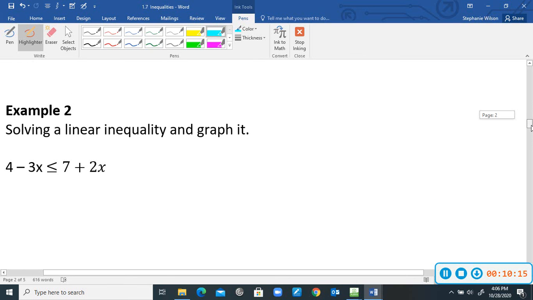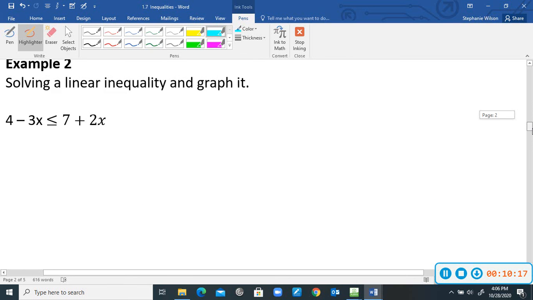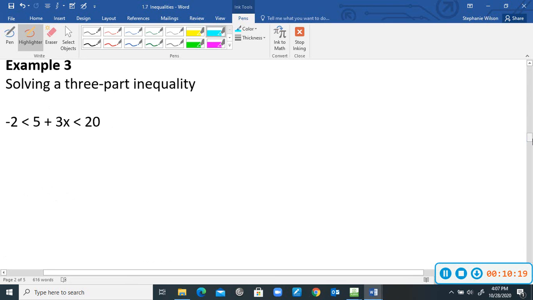And let's do maybe, let me find one. Let's do this one here and then we'll be done. Alright, so we see that we have a lot more going on, right? We got some value in the middle going on. So we need the variable to be isolated by itself in the middle. So what I'm going to have to do is subtract this 5 from all parts.